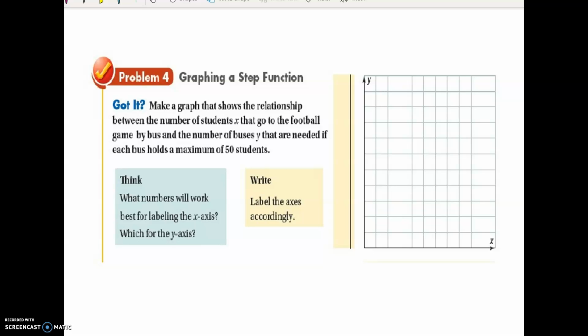And then we would graph our step function because we know the maximum that a bus can hold is up to 50 students. So I'm going to press pause for a minute and I will fill in our graph here so that you can just see what one would look like for this situation, and then we'll be almost done for the day.